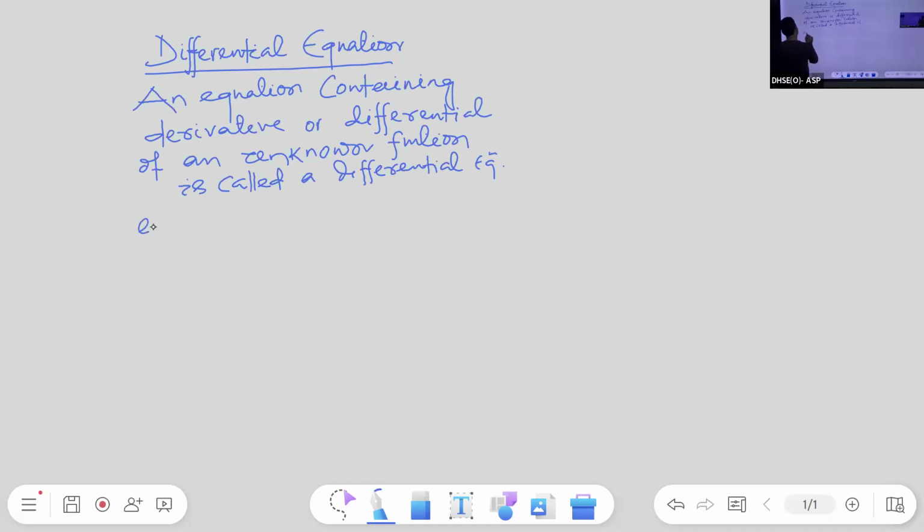For example, dy upon dx equal to e power x.